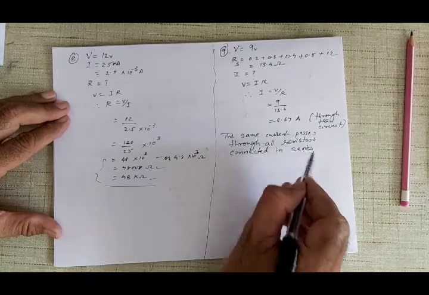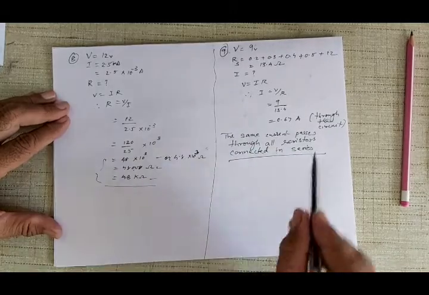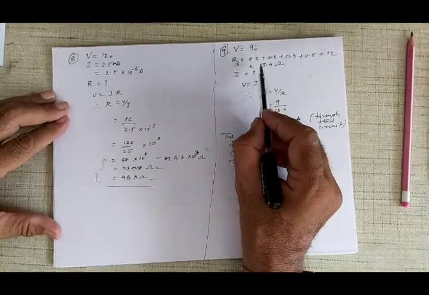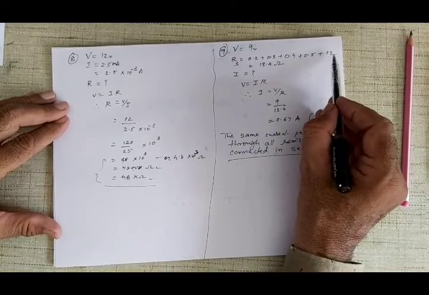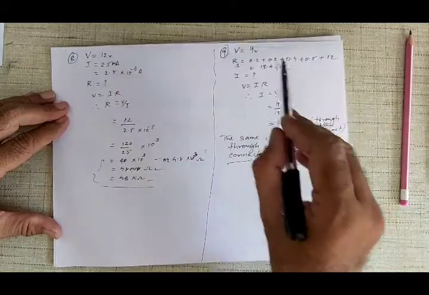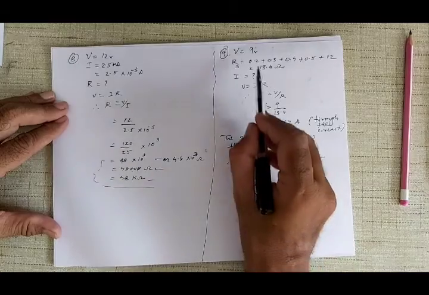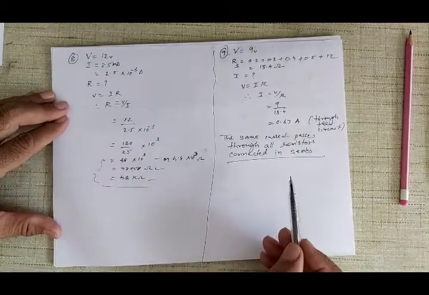So you can see all the resistors are connected in series, so the same current will pass through the 12 ohm resistor. In fact, the same current 0.67 will pass through all the resistors. All right, so that is number 9.